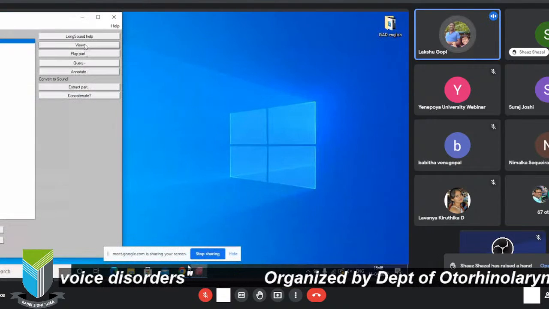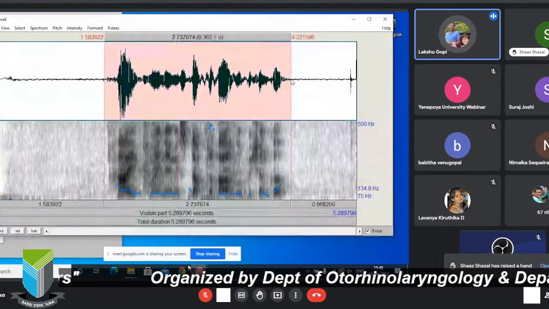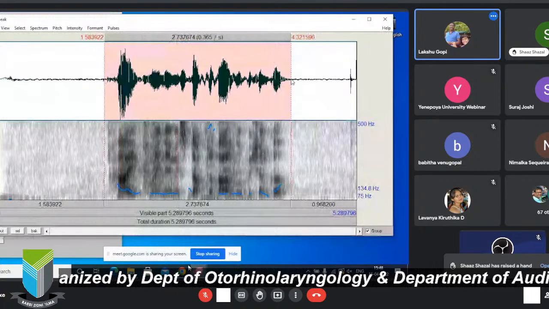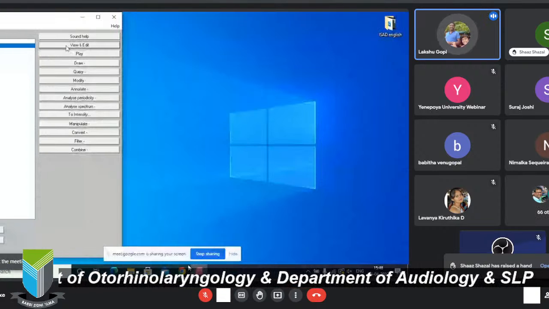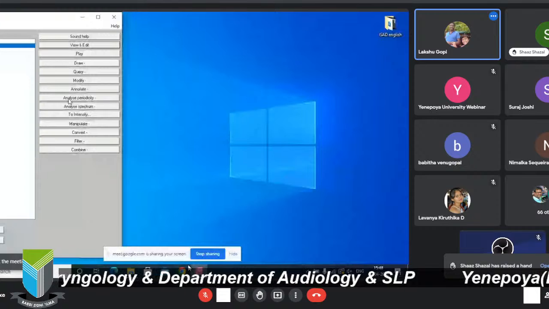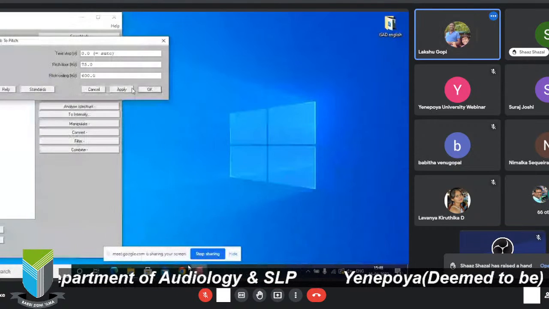This is the sample which I read. So I am interested only in this particular sample. Again, similarly, what you have to do is go to analyze periodicity, analyze pitch.